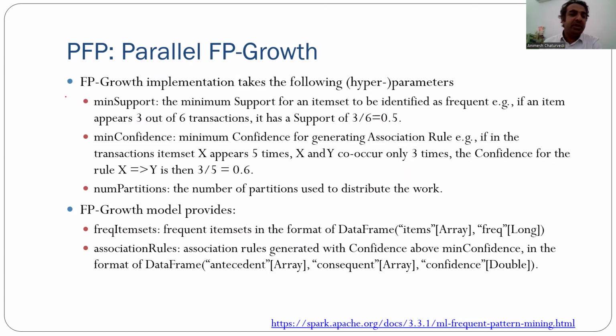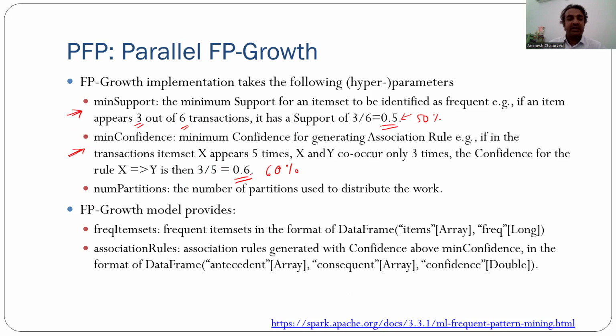This is pre-implemented in Spark, so you just have to mention minimum support and minimum confidence. What is minimum support? We already discussed: we want at least 3 out of 6 transactions to contain the items, which means 50%, that is 0.5. Then we want a confidence of 0.6, that is 60%.